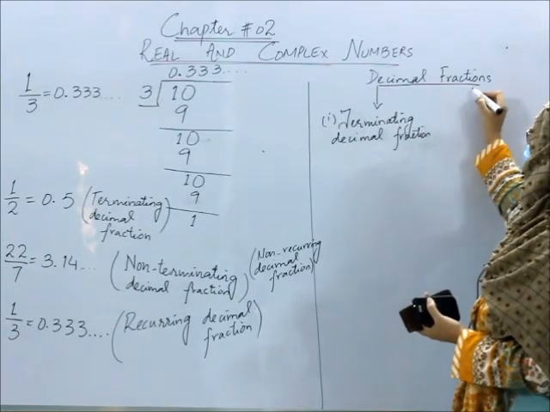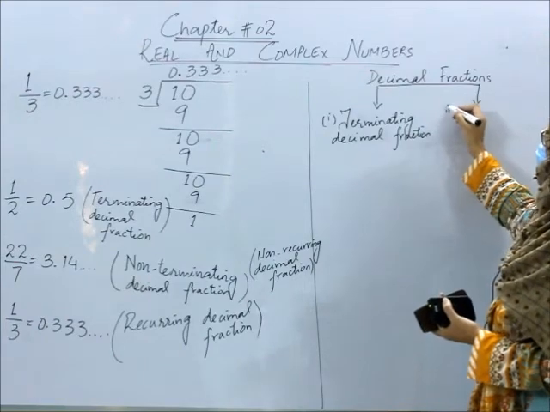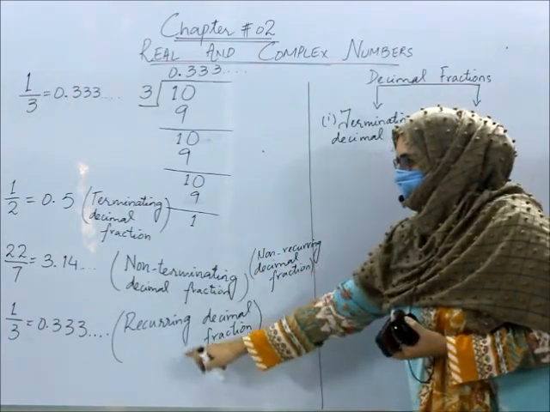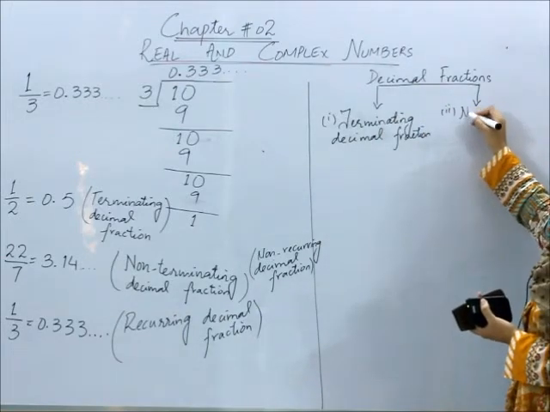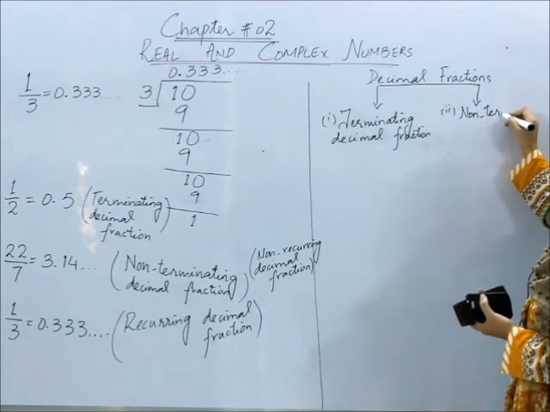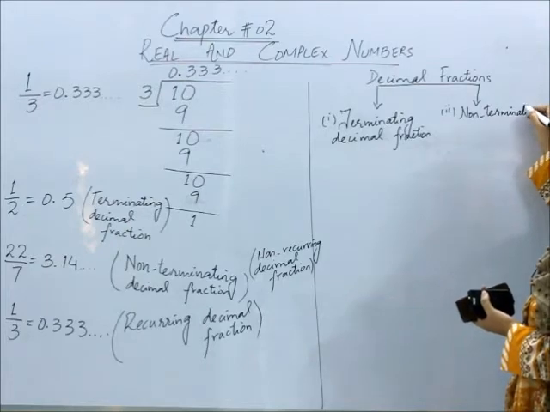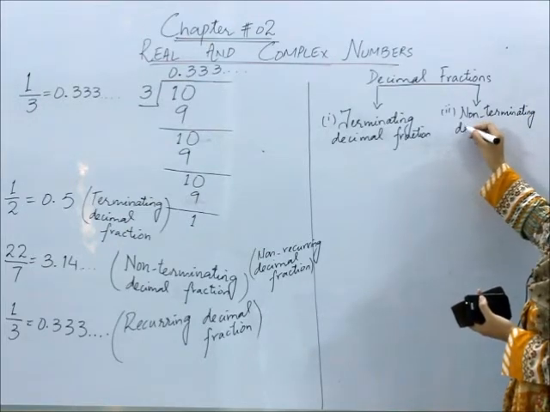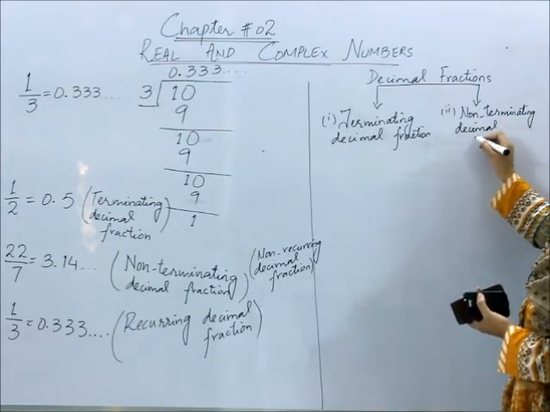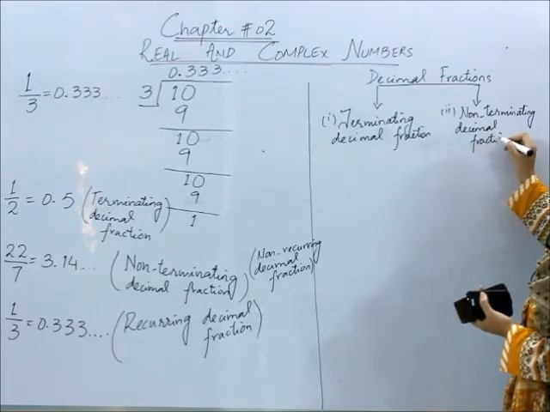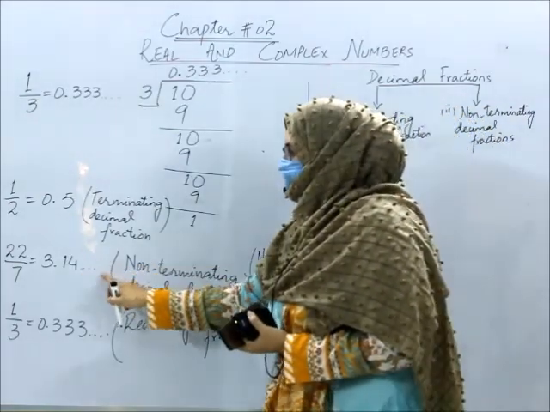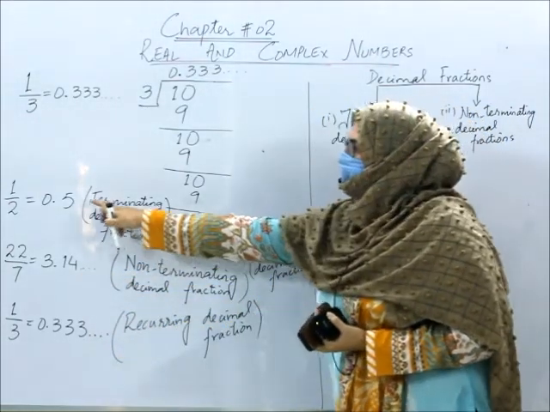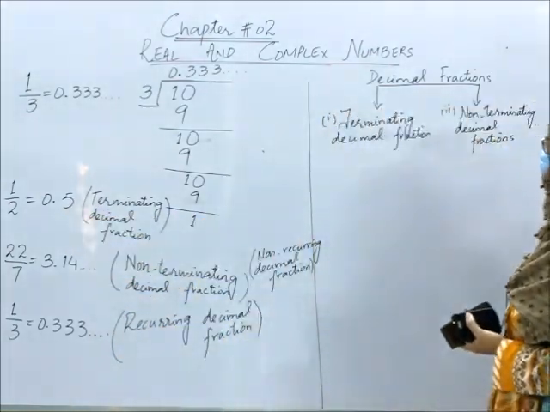And what about the second one? That is non-terminating decimal fractions. But what is the difference between them? In non-terminating decimal fractions, the number of digits after the decimal point will not stop. And here, the number of digits after the decimal point will stop.